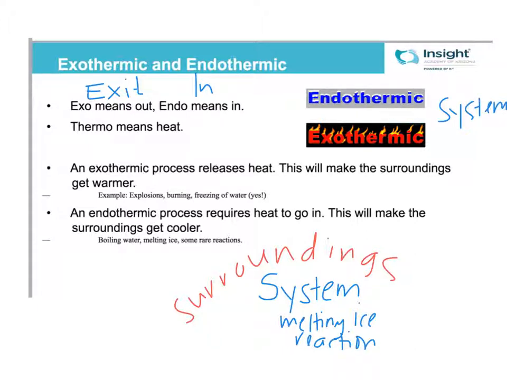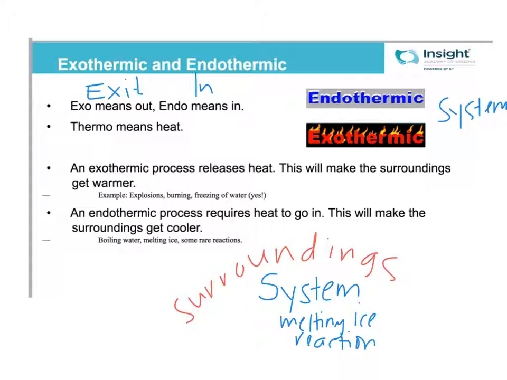When heat exits the system, we call that exothermic. When heat enters the system, we call that endothermic. You, however, feel the opposite of what's going on, because if heat leaves the system, the system is going to get cold. But you are going to feel that heat because you're in the surroundings, so you feel that things get warm.